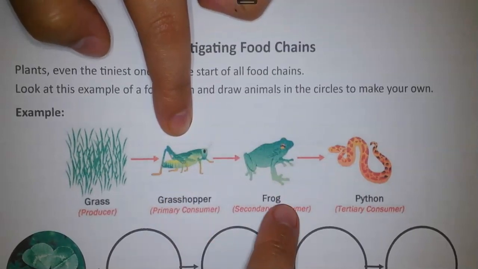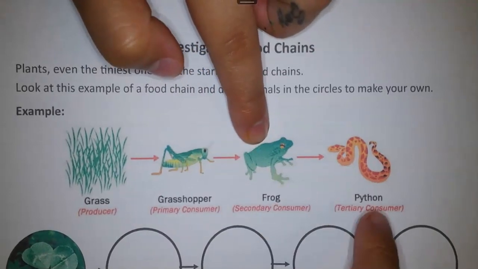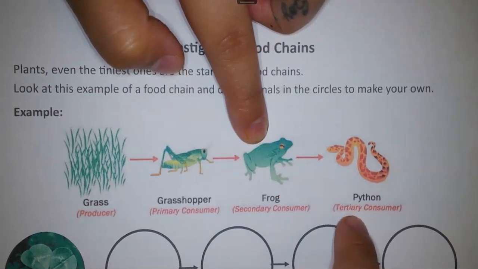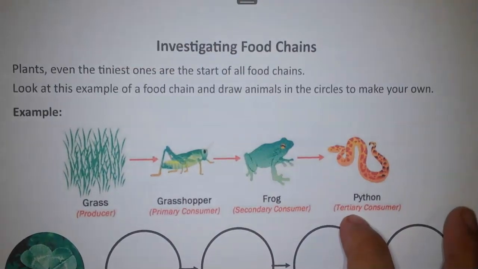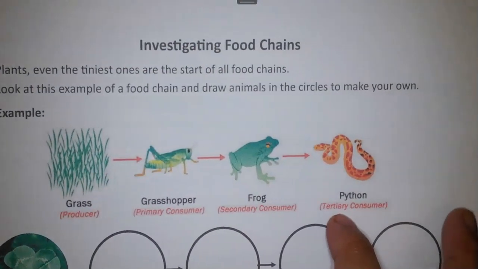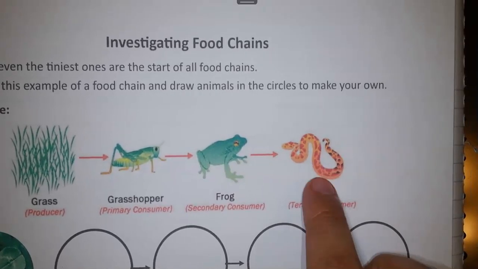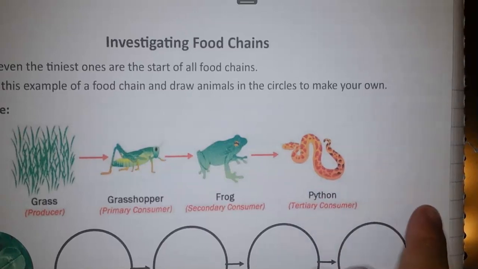That makes the frog a secondary consumer. The python will eat the frog, making the python a tertiary consumer. Now, I can keep going to the quaternary, which would make an eagle eat the python, and that would make the eagle the quaternary consumer.